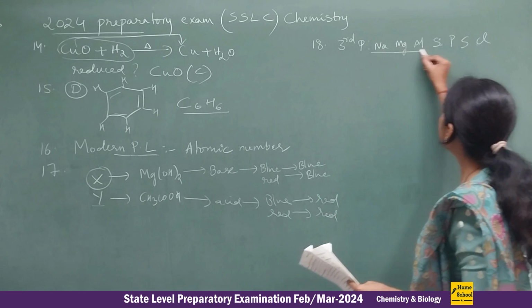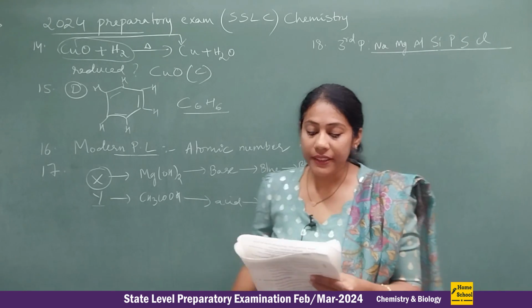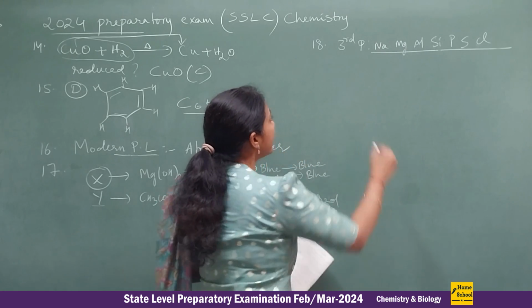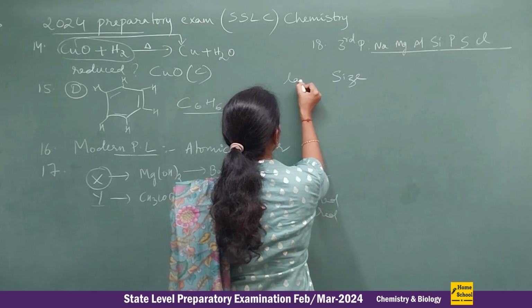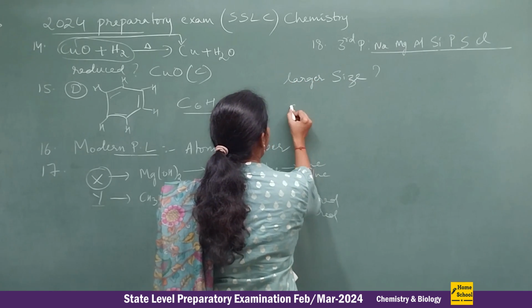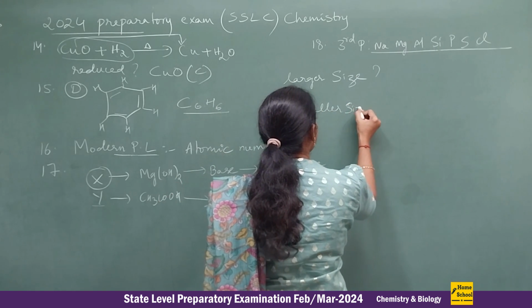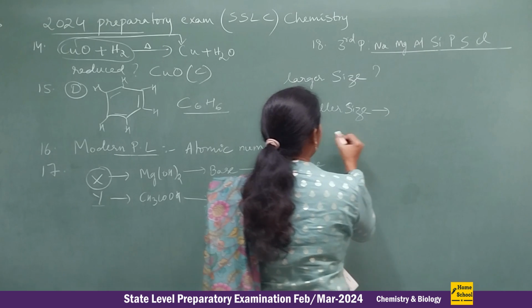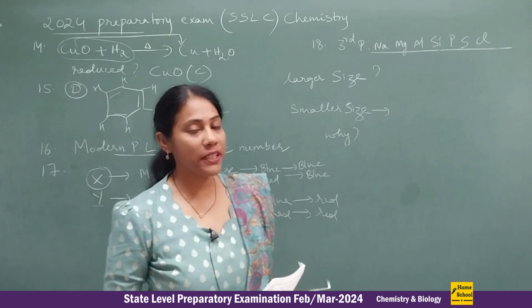Yes, all these are third period elements. They are asking, among them, which element has larger size, which element has smaller size, and why? You have to mention the reason.